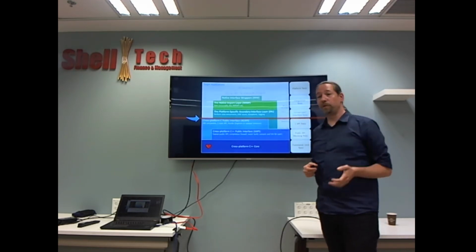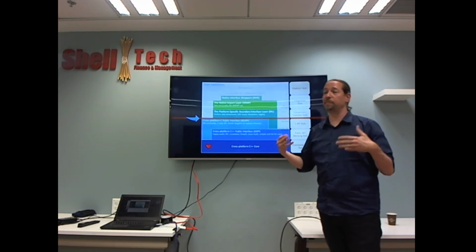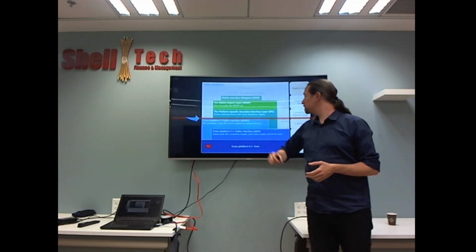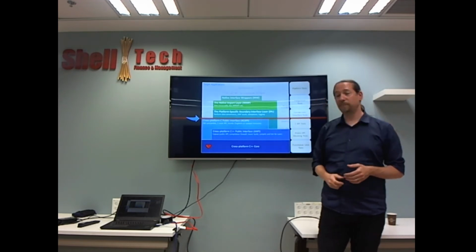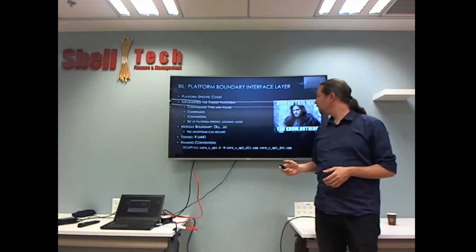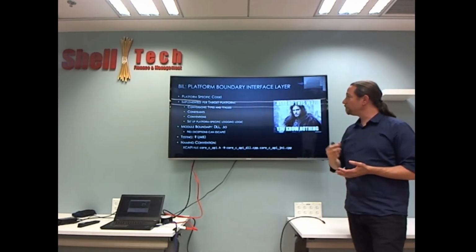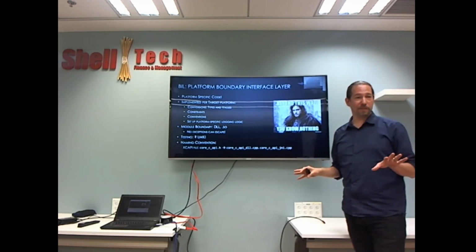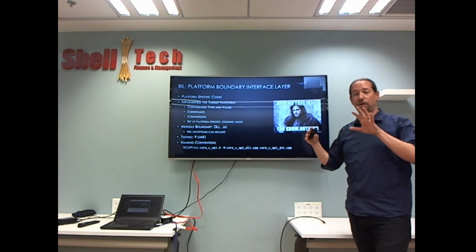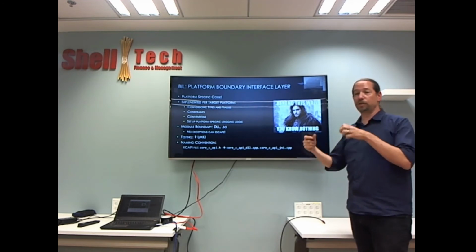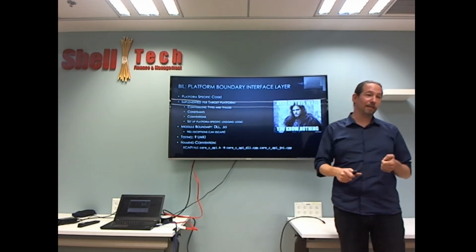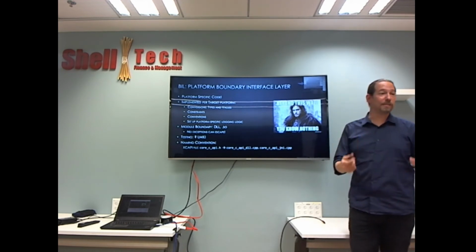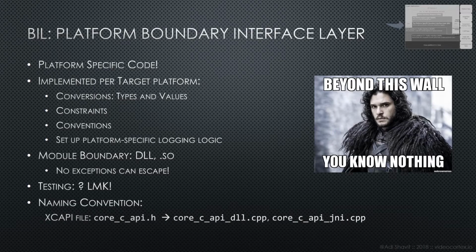But very often our functionality needs some interaction with the platform itself. And in this case, we need to go into our platform specific layer. We have to cross this boundary, the cross-platform boundary. And this layer, I call it the platform boundary interface layer, right? So we're not talking about portable C++ anymore. We're not talking about portable C. We're talking about the place where you actually do go to Code Project or MSDN or to Apple's help or the Android docs, and we read about all these APIs of how to do different things.